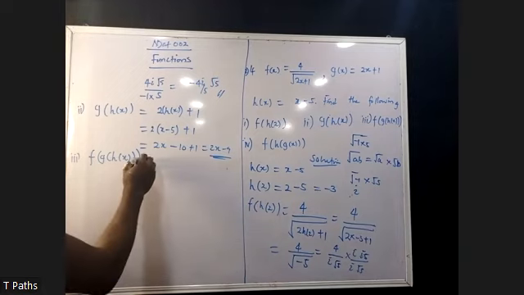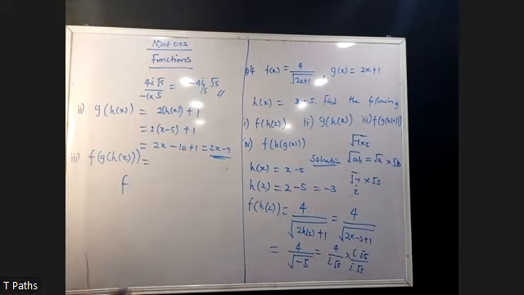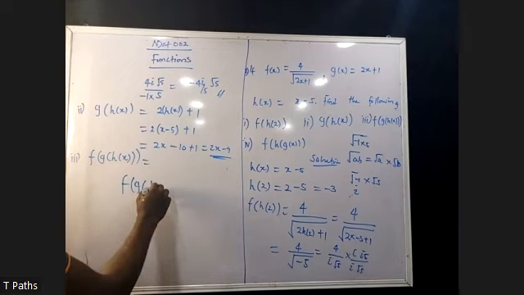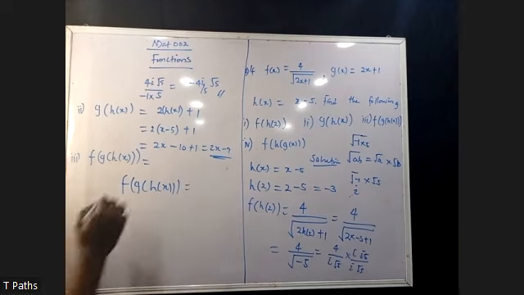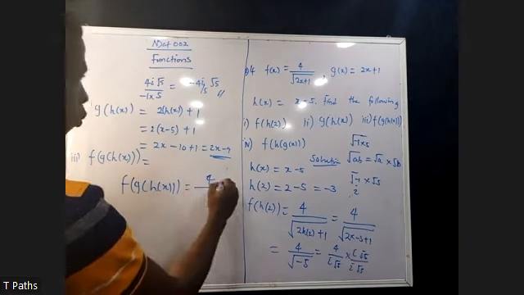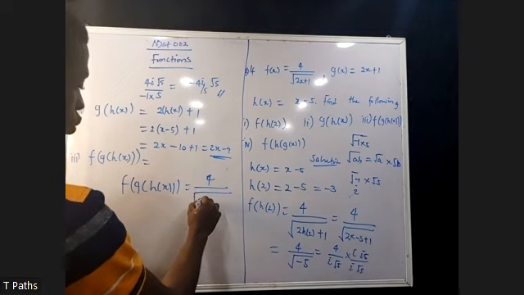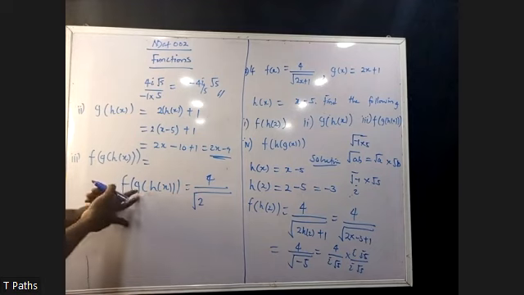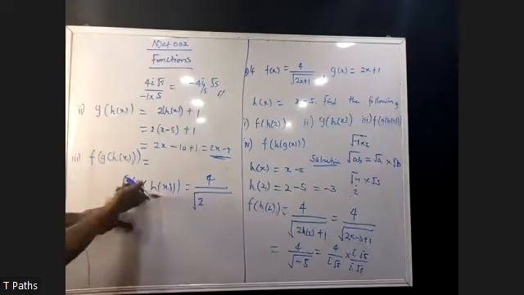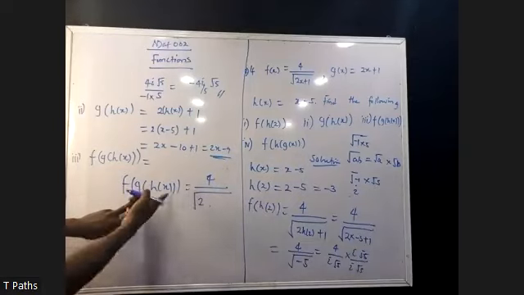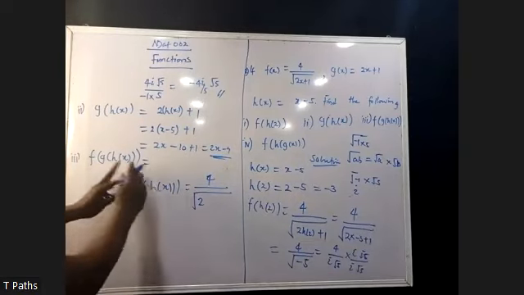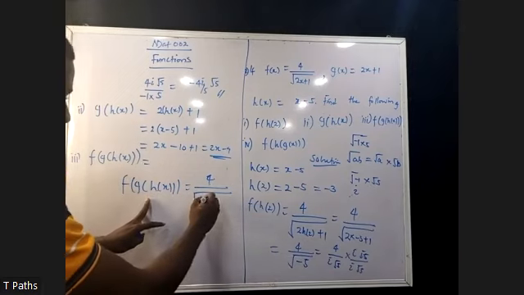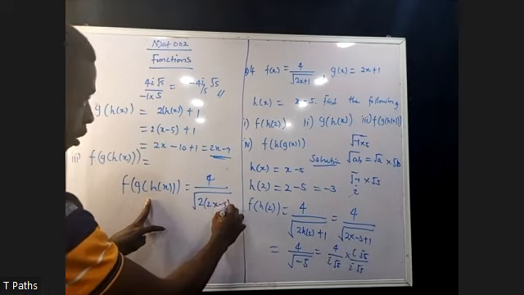So I can write this as f of g of h of x, which will just be 4 over square root of what? Remember, in the previous question, we looked for g of h of x, which gave us 2x minus 9. That means f of g of h of x, I will just write it as this plus 1.